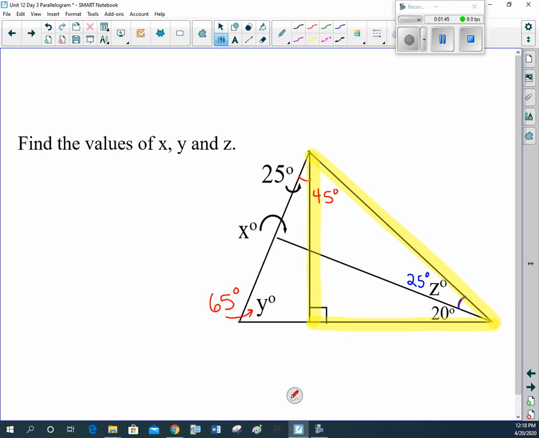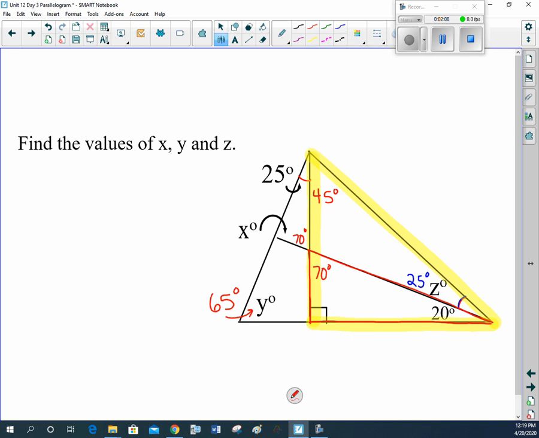I don't know if I needed that, but I guess I could be going about it the long way. This angle down here, since this is 20, maybe I didn't need that 45. Vertical angles, this angle would be 70.